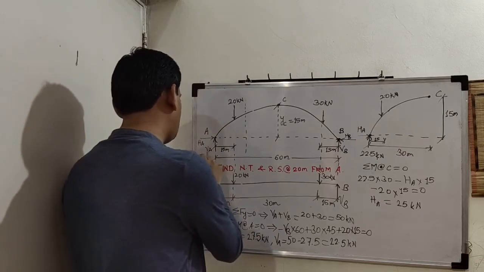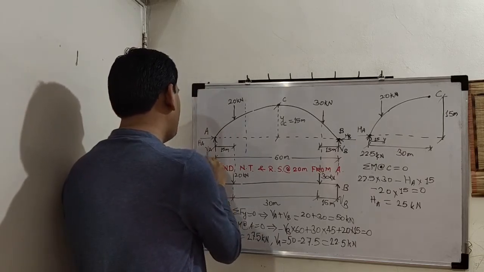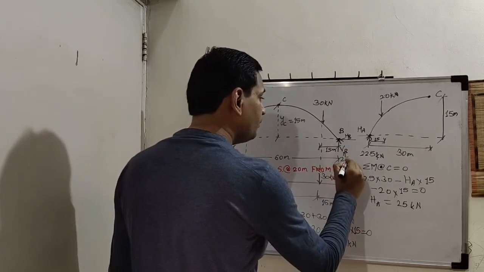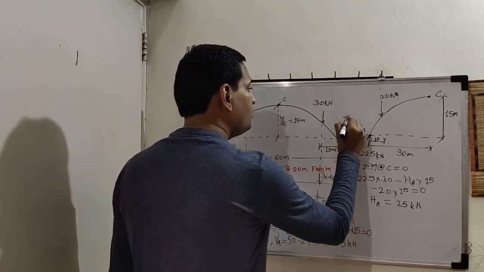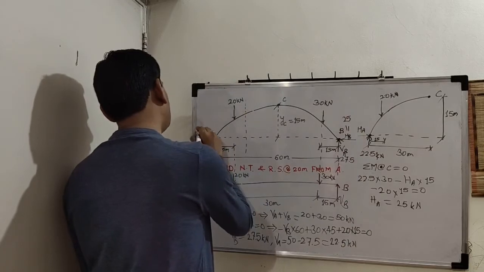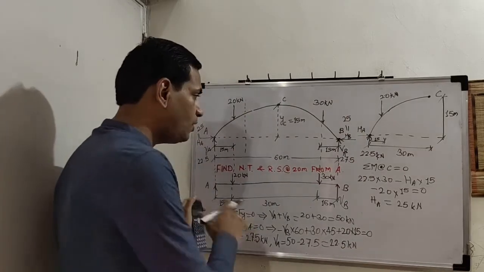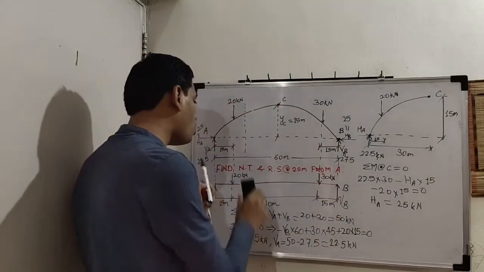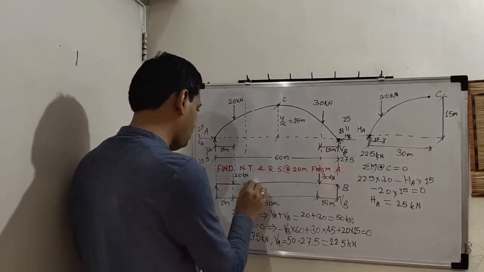Up to this everything is same as per previous problems on arches. So I'll just note down these values here. VB is 27.5. HB is 25. So is HA. Now I will rub this all out because we have to find normal thrust and radial shear.